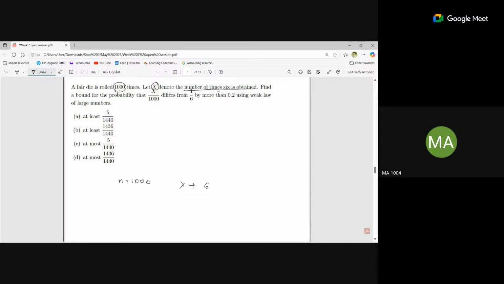X is denoting the number of times 6 is obtained in 1,000 tosses. Can I say that? Of course. So basically, what will be my x? X is basically x1 plus x2 till x1000. Can I say?